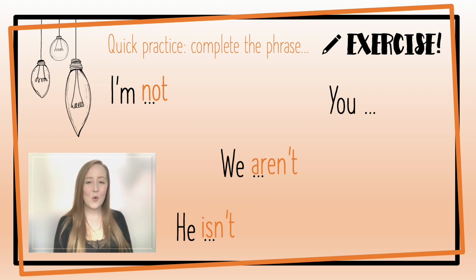In the negative form? Good. You aren't. You aren't British. You're Spanish. Good. Last one. It. What's the negative form? Good. It isn't. It isn't Spanish. It's a Mexican dish. Good. Well done.